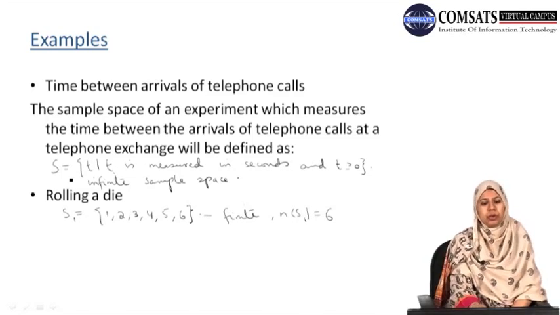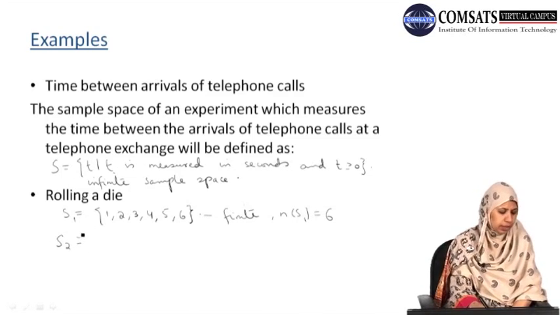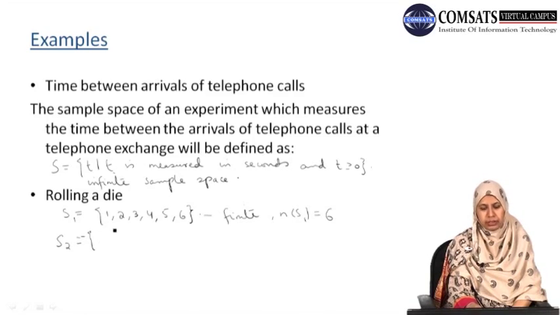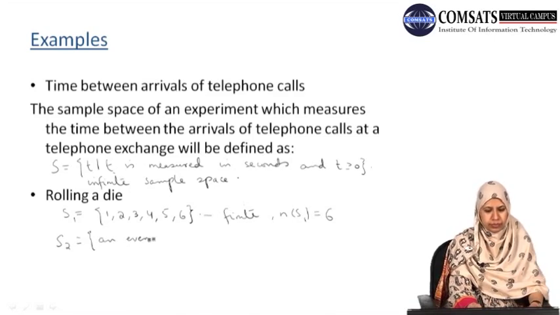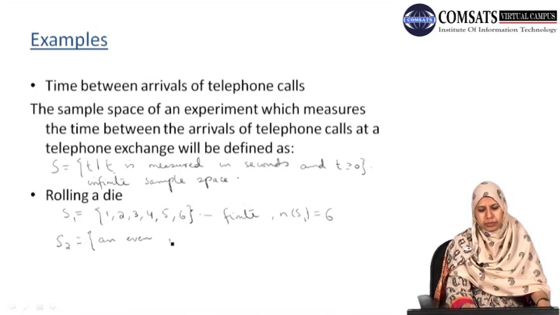If we roll a die, we can define the sample space in another form, as the possible outcomes will be an even number comes and an odd number comes between 1 to 6.